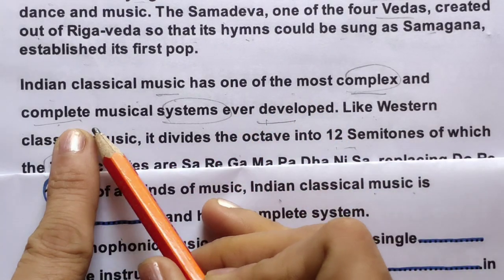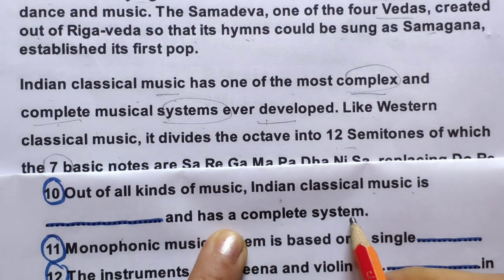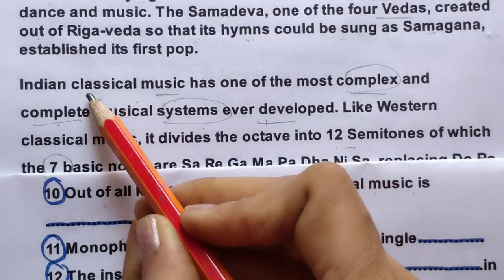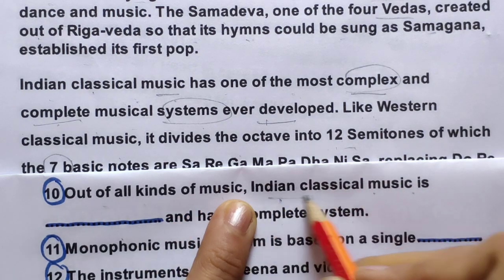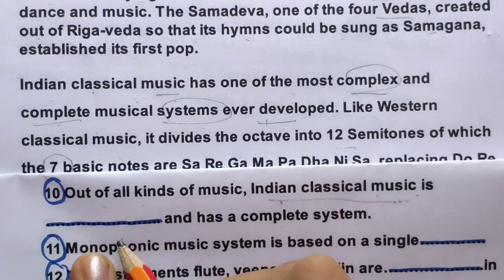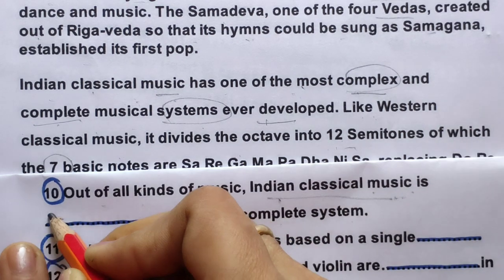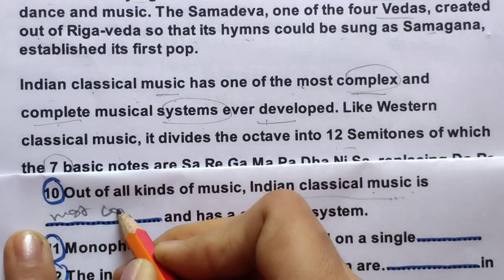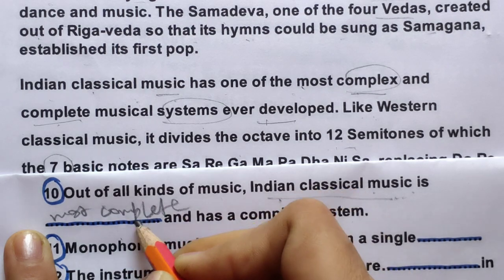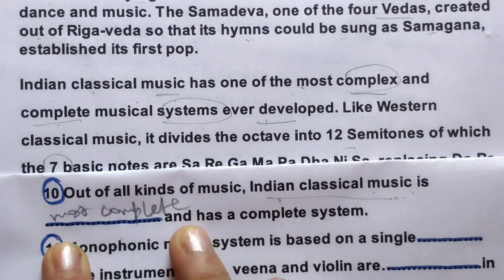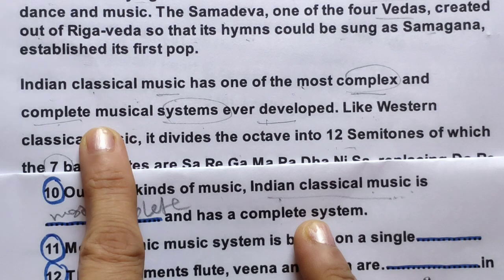So here complete music system is also there. Out of all music, means this classical music they are talking about. So we can write here most complex, because we can write two words here. So most complex, okay, and a complete system.